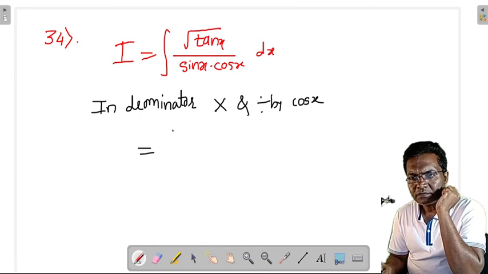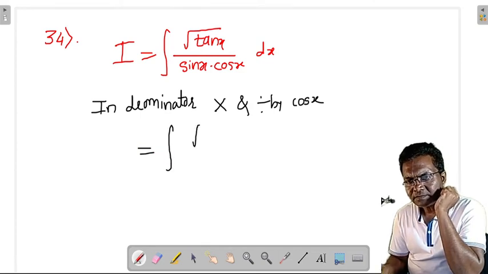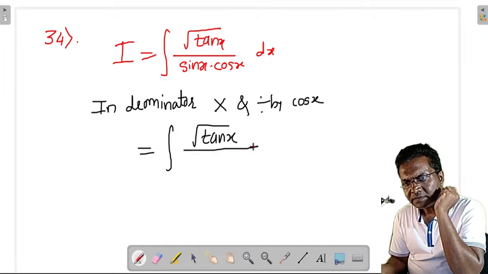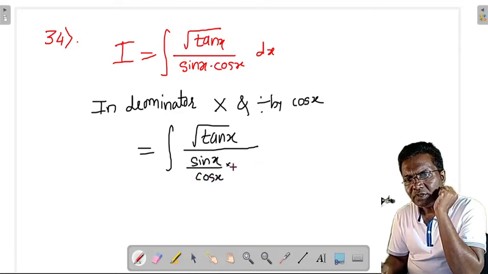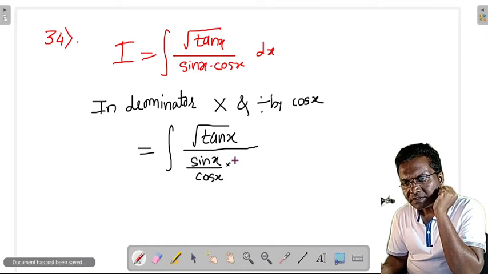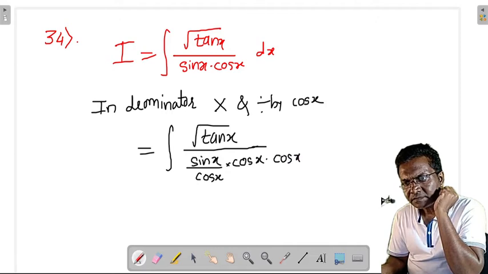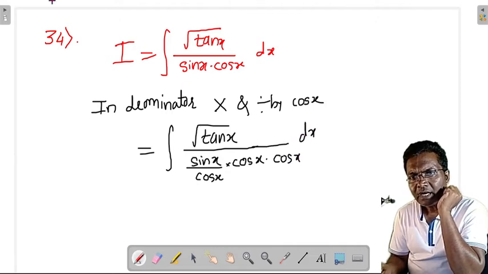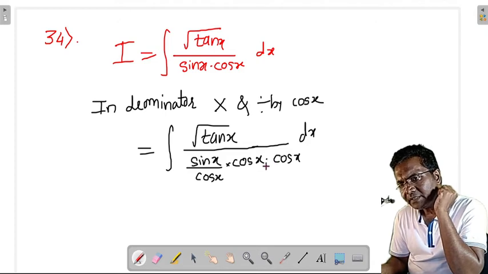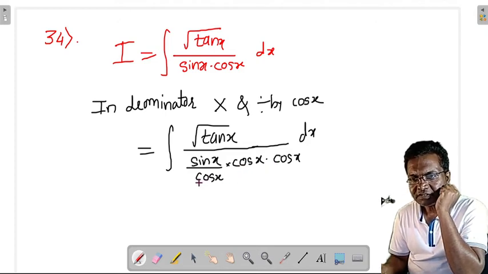So the numerator stays as it is, square root of tan x, divided by sin x by cos x into cos x already there, and one more cos x. I have multiplied and divided by an extra cos x.